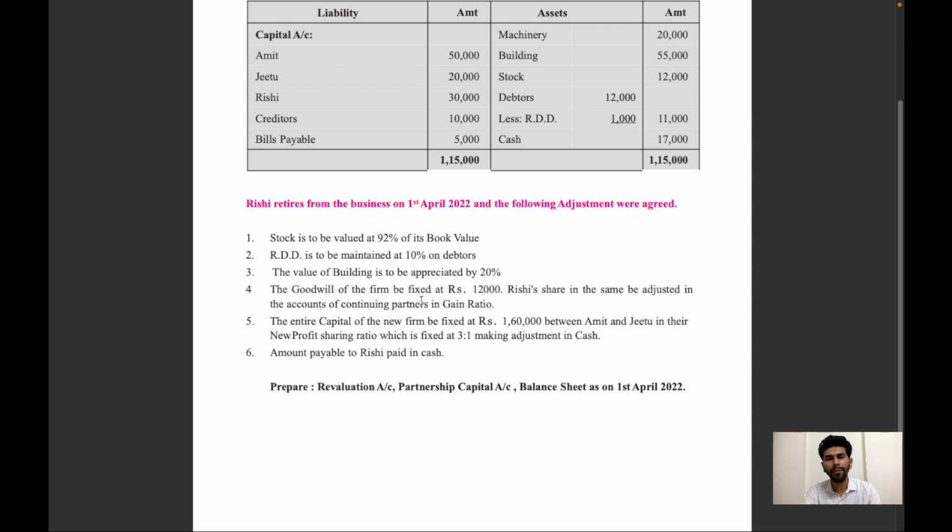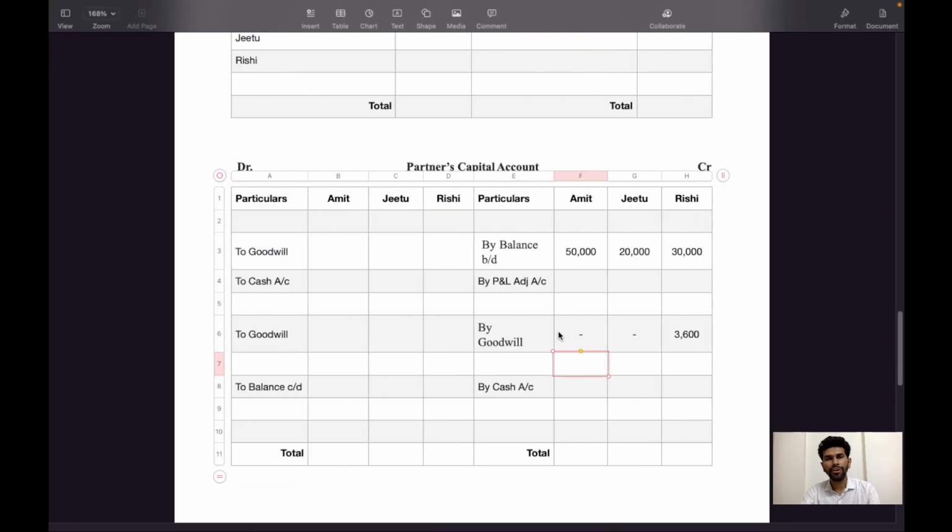Continuing partners are Amit and Jitu, and it will be distributed in gain ratio. So gain ratio is 5:1.